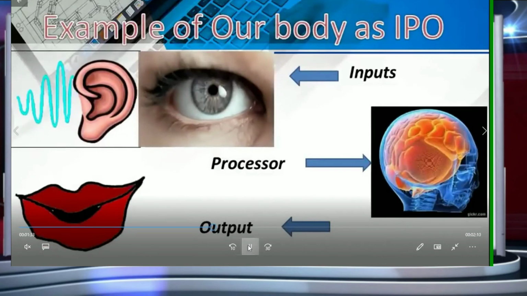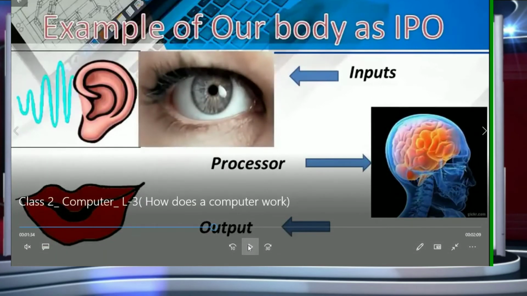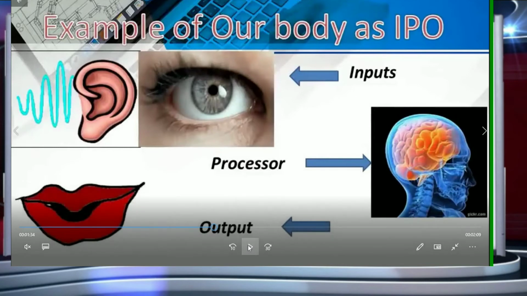Now we have examples of our body as IPO. Children, everything in our real life also works on the IPO cycle. So let's understand this example. When a teacher asks us a question, we hear with our ears and see with our eyes. The ears and eyes are the input units.